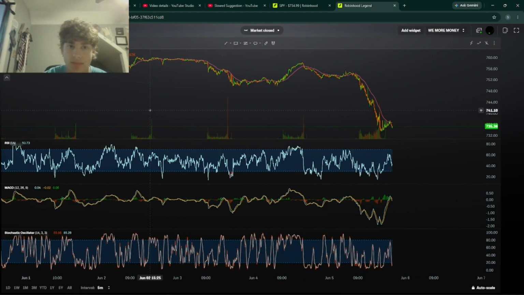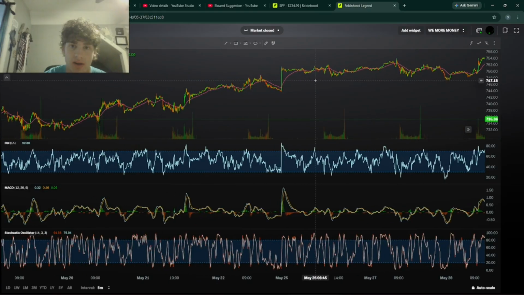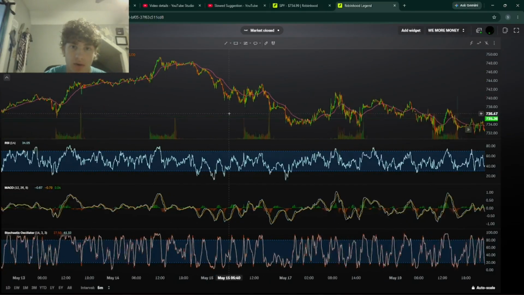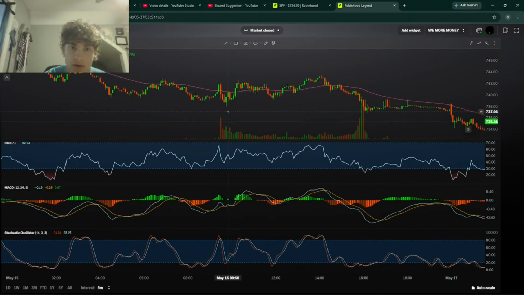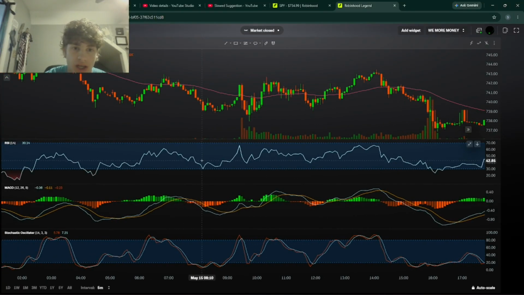So here, let's go to a random day to not be biased. As you can see, the market's been striking up, right? So random day, let's go right here. No clue what happened on this day. So my strategy is solely looking at these RSI and MACD, and it has to be before 9:30.